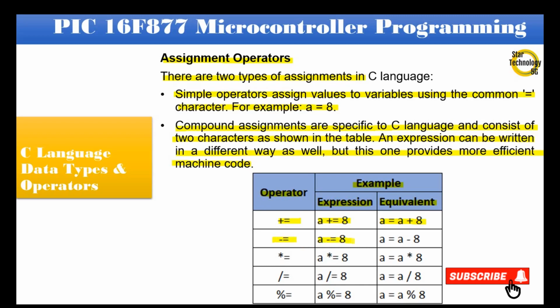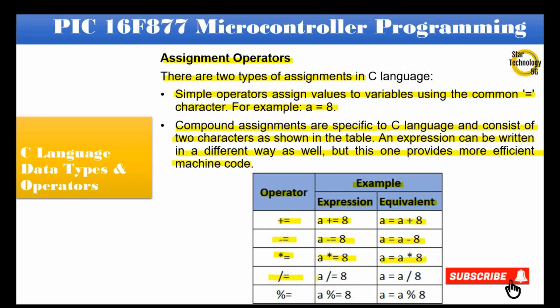Expression: A minus equals 8 is equivalent to A equals A minus 8. It will subtract the 8 from A and store the result in A. Multiply equals. Expression: A multiply equals 8 is equivalent to A equals A multiply 8. It will multiply the 8 with A and store the result in A.